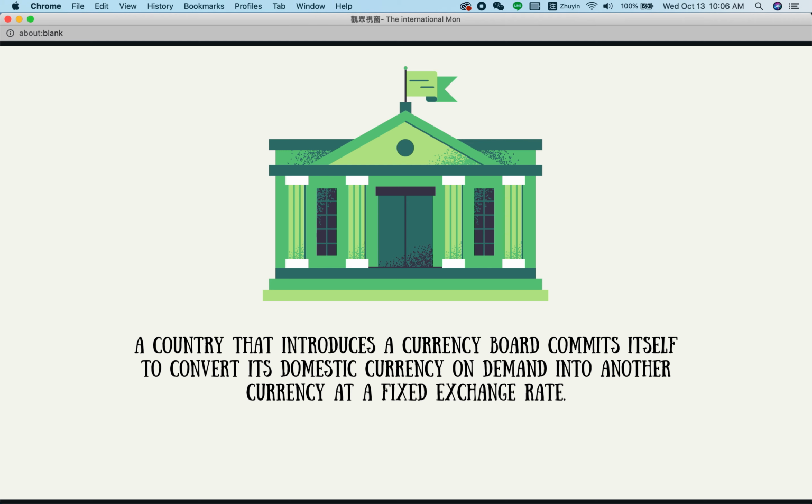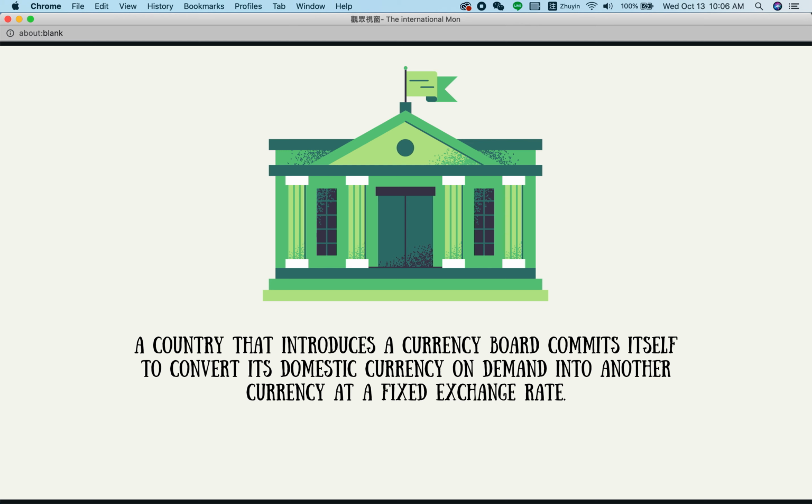Since its establishment in 1983, Hong Kong's currency board has weathered several storms. This success pushed several other currencies in the developing world to consider a similar system.